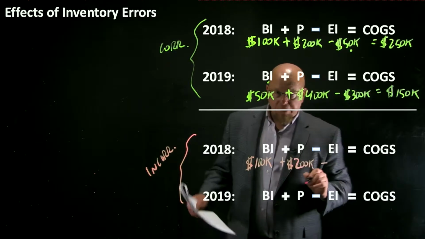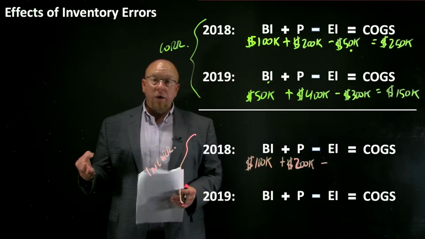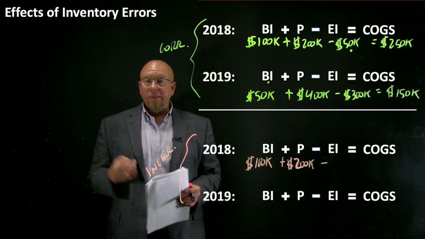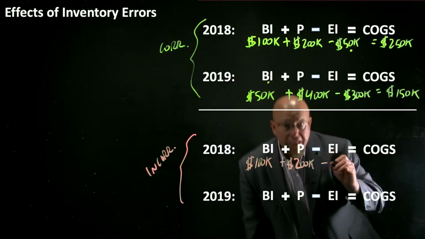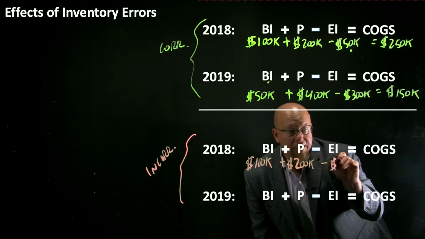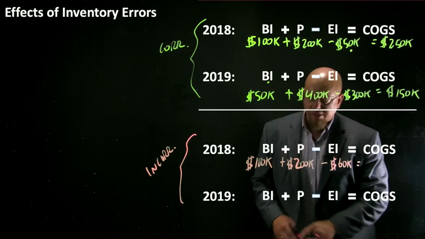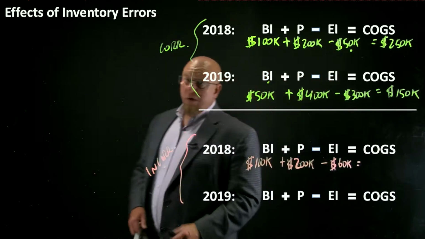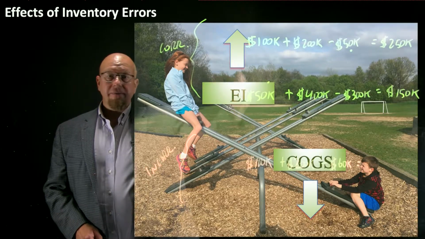Instead of reporting ending inventory at $50,000, we either made a clerical error in the bookkeeping process, or maybe when we counted the inventory, we made some kind of an error. But the takeaway is this. Ending inventory shows up on our balance sheet as $60,000. So it's overstated. Remember what happens when ending inventory is overstated?